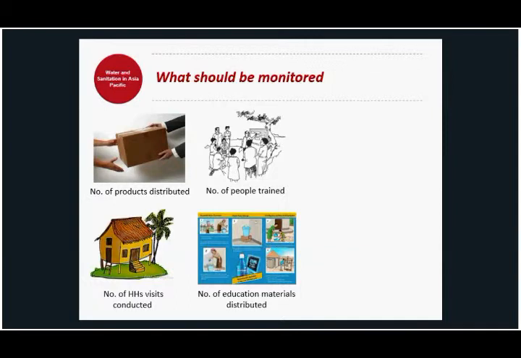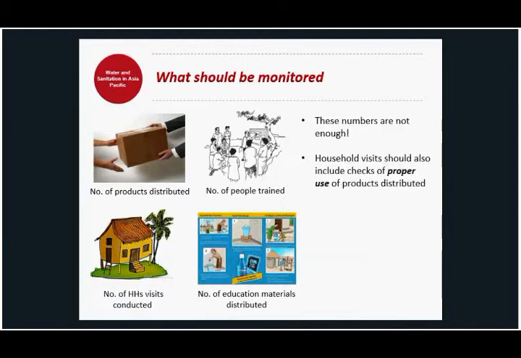As we can see, these are all quite quantitative figures, but of course, it should be more than these numbers. Don't stop with counting these indicators, but also consider qualitative information, which we can get only by talking and consulting with the recipients of our services.